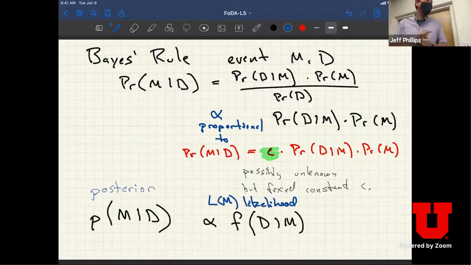So to emphasize that, we'll use a lowercase f here. And then times the last term, the probability of the model, which is called the prior. So now these are all probability density functions.